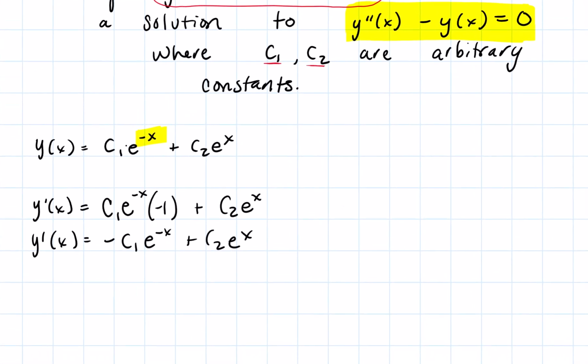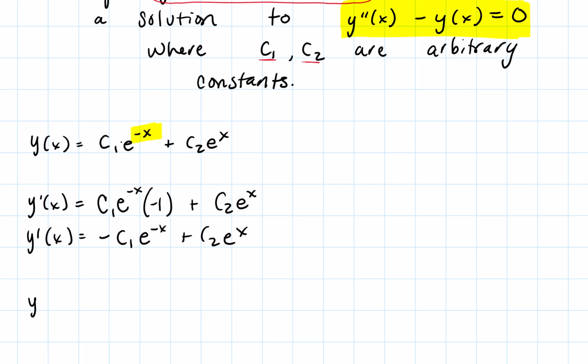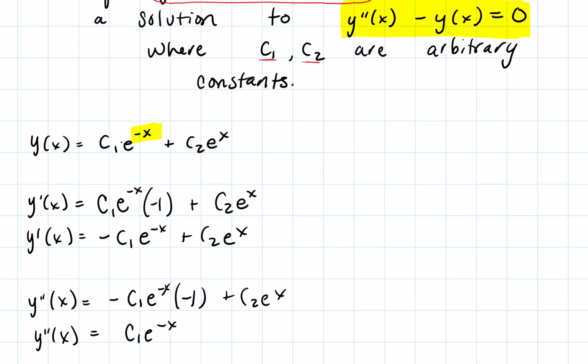And then we need the second derivative if we're going to be checking that differential equation, because it had the second derivative in it. So the second derivative is going to be minus c1 e to the negative x times the -1 plus c2 e to the x. So the second derivative is c1 e to the negative x plus c2 e to the x.